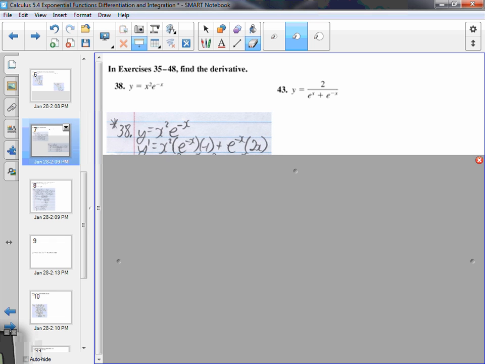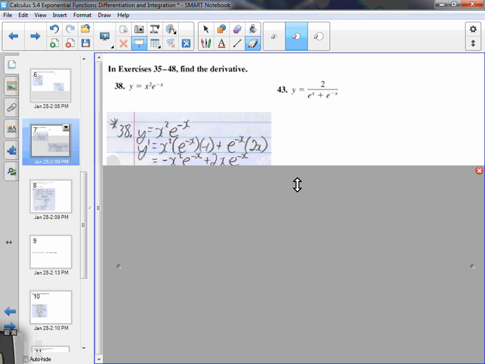The rest is trying to make the answer look as nice as we can. So the first thing I'm going to do is the negative 1 times the x squared. I'm going to call that negative x squared e to the negative x. And it seems awkward having a 2x behind the e to the negative x, so we'll put plus 2x e to the negative x.